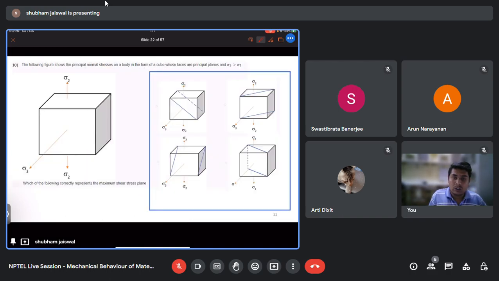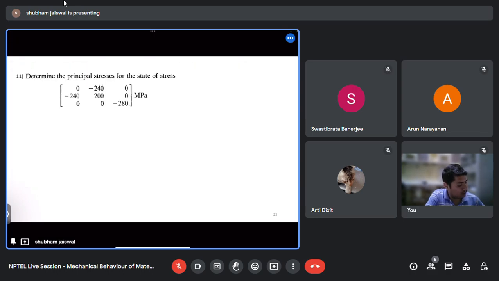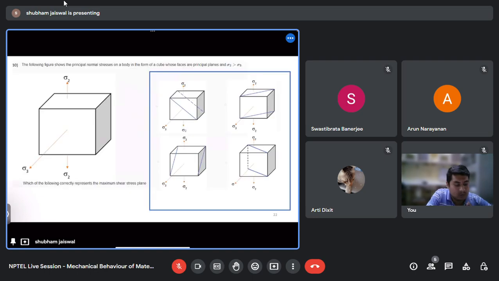Okay, so this was about the question. Now here comes the next question. Can anyone answer? We have already discussed this question. The question is: the following figure shows the principal stress on a body in the form of a cube, whose faces are principal planes, and sigma 2 is greater than sigma 3.